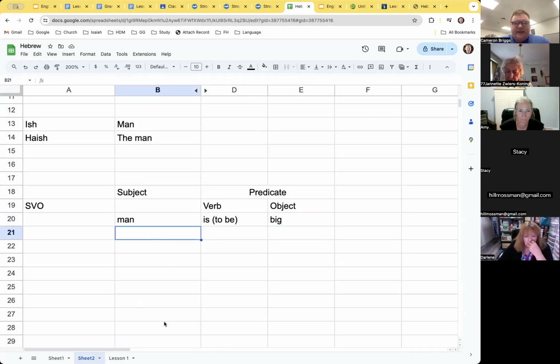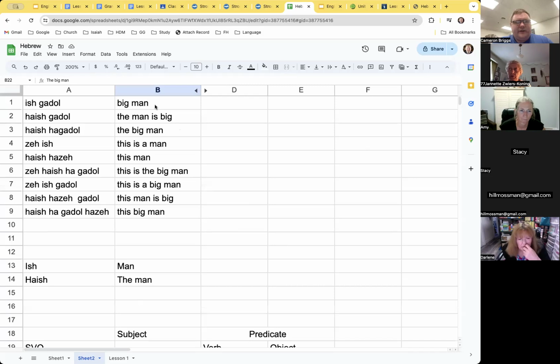But we can say, for example, the big man is going. And so the big, the adjective, then gets directly linked to the subject and therefore has to be put over here. That's what we're doing with all of our different sentences up here.